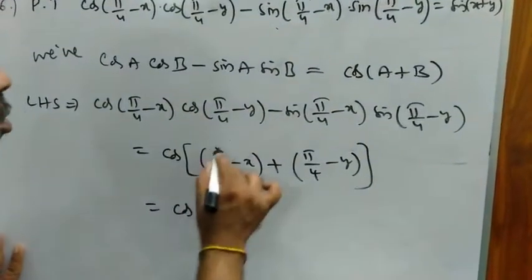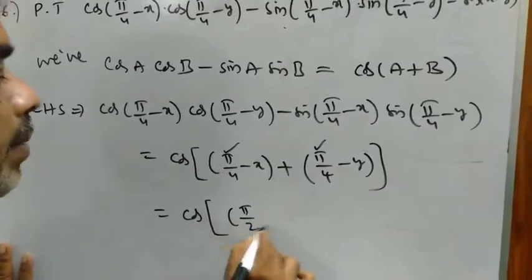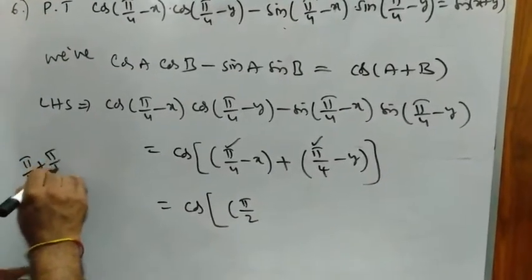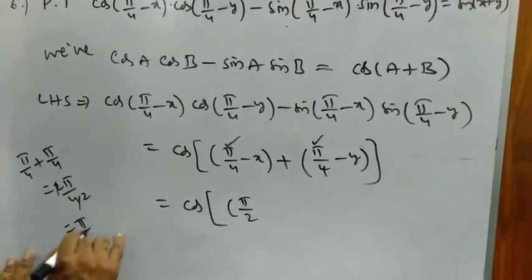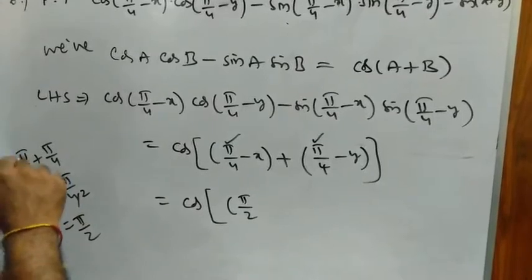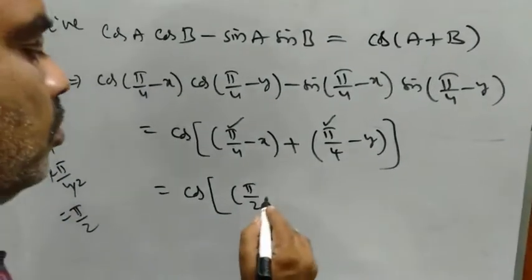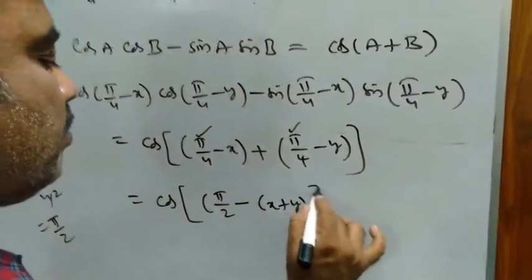So π/4 plus π/4, 2π/4 or π/2. 2π/4 means this is π/2, two quarters of π, that is nothing but half of π. π/2 minus (x plus y). I'm taking out the minus symbol.